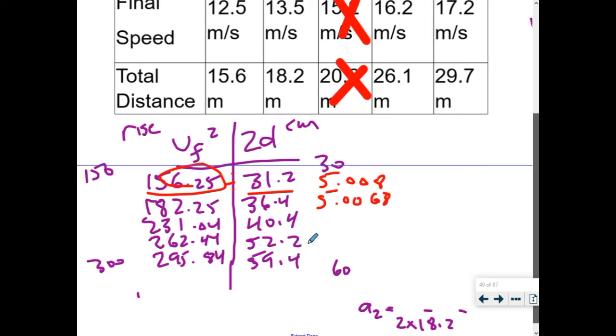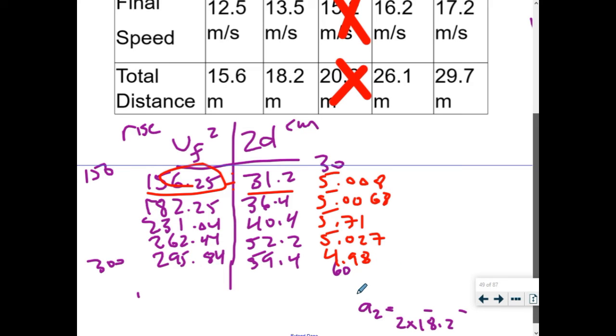When I took 231.04 and I divided by 40.4, it gave me 5.71. But that, I kind of knew that, right? Wasn't that my outlier? When I take 262.44 and I divide by 52.2, I get 5.027. And when I take 295.84 divided by 59.4, I got 4.898.